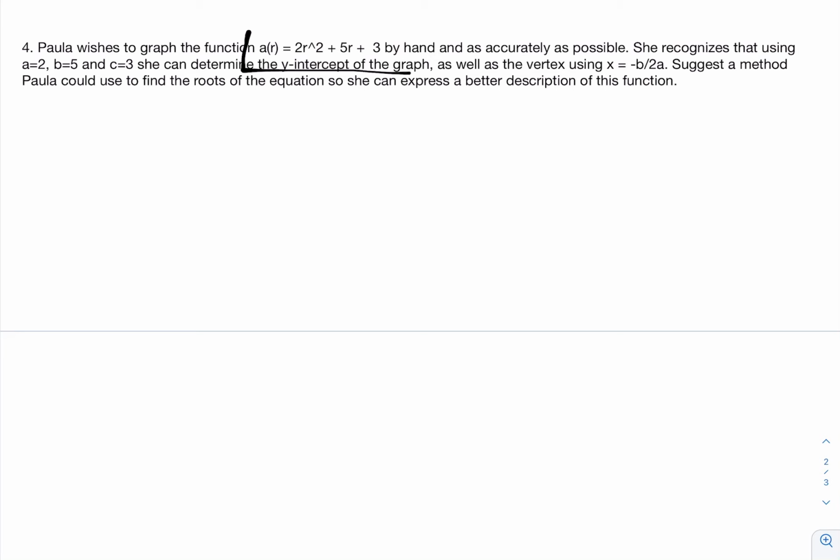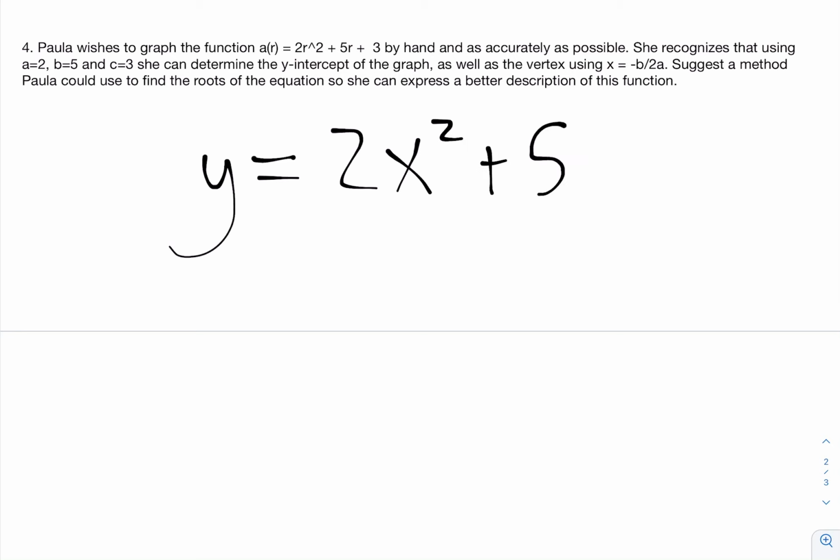So we have this function A of r, and it's just a classic quadratic equation. Let's write this in terms of y and x, so y equals 2x squared plus 5x plus 3. The second sentence says she recognizes using a equals 2, b equals 5, and c equals 3. What does that mean?